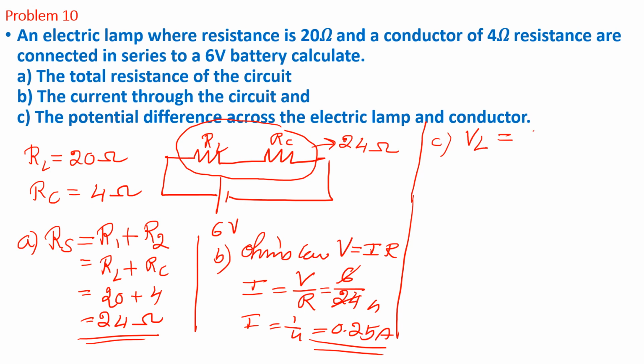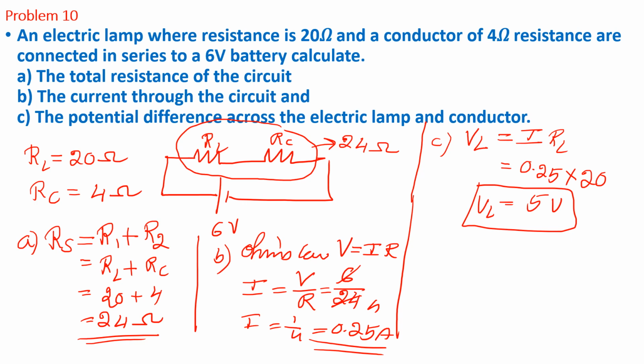So VL is equal to I into RL, since current is the same in series combination. What is I? I is equal to 0.25 into RL. What is RL? Resistance of the lamp, which is nothing but 20. 0.25 into 20 is 5 volt. So VL, potential difference across the lamp, is equal to 5 volt.